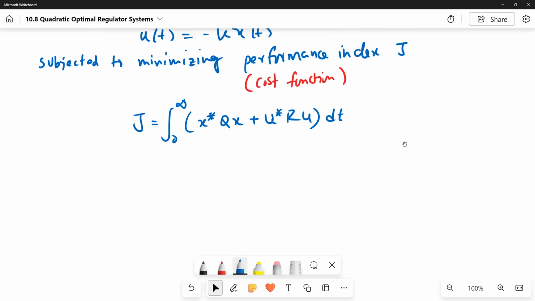So basically, now there are two terms introduced. The first one is Q, a Hermitian matrix or real symmetric matrix.